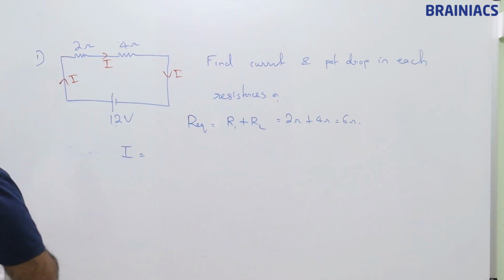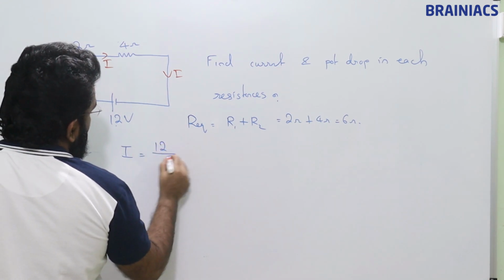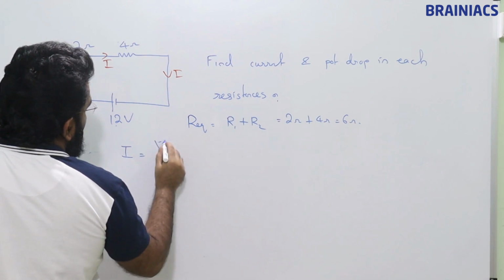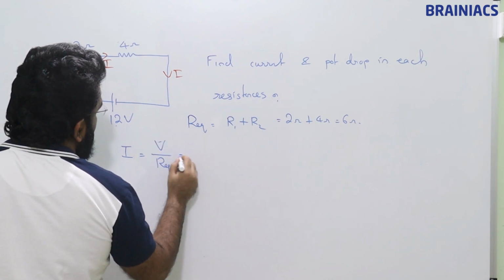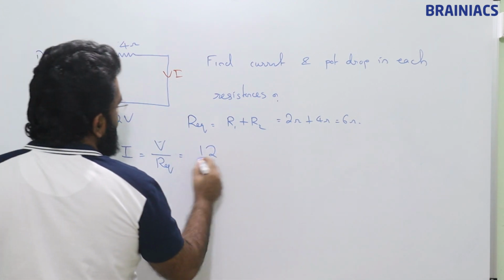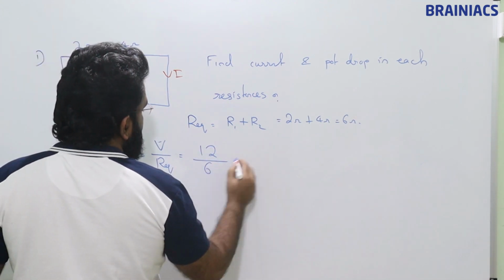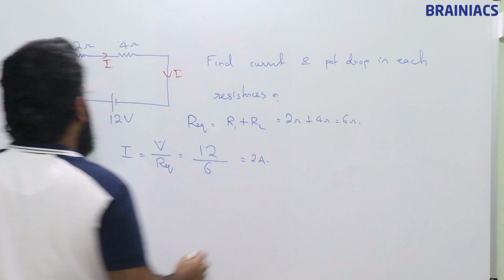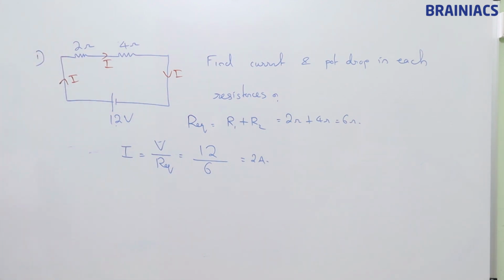I is equal to V divided by R equivalent, so V is 12, R equivalent is 6. This is going to be 2 ampere. So 2 ampere current will be flowing through this.